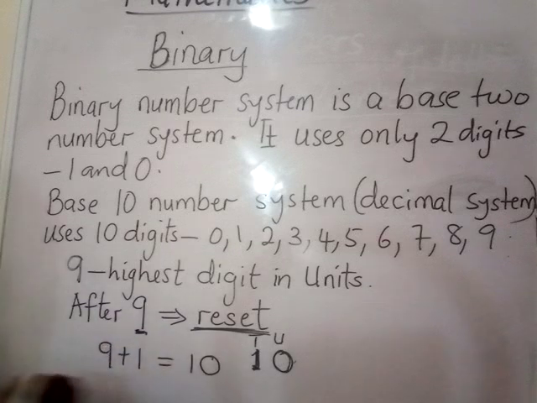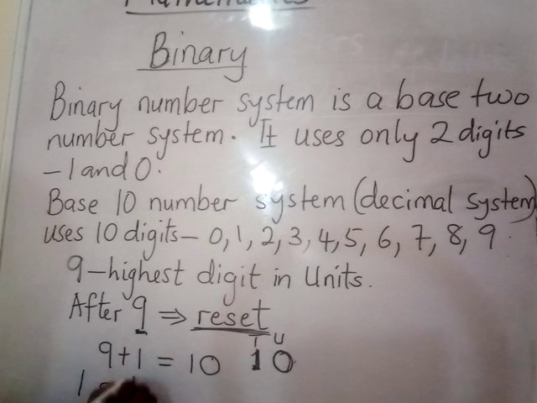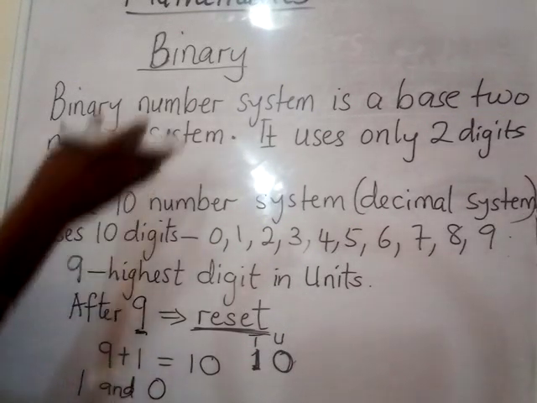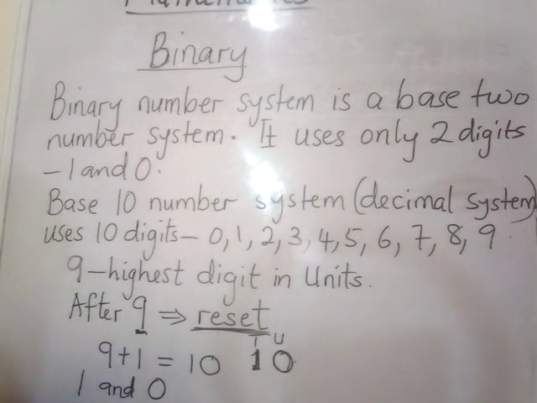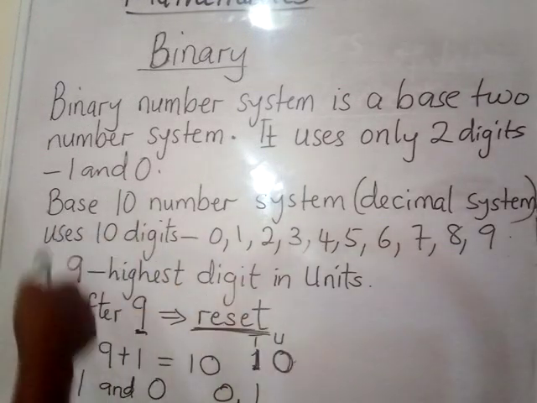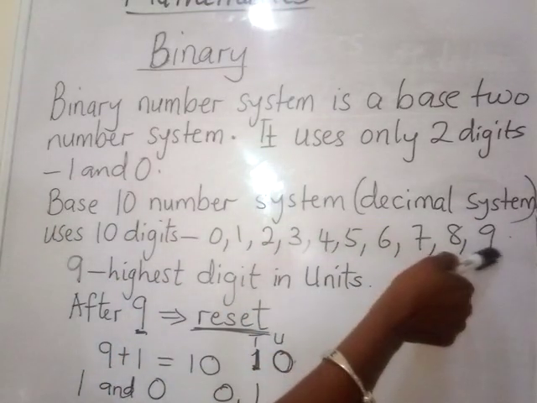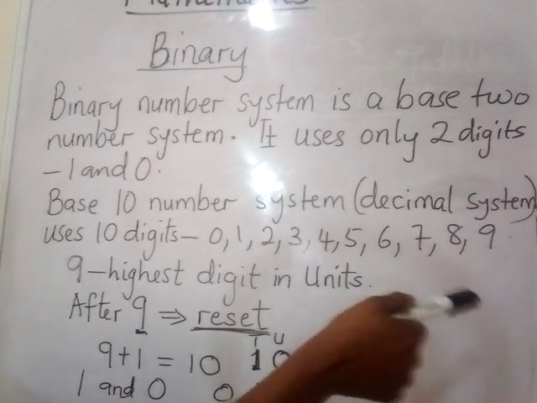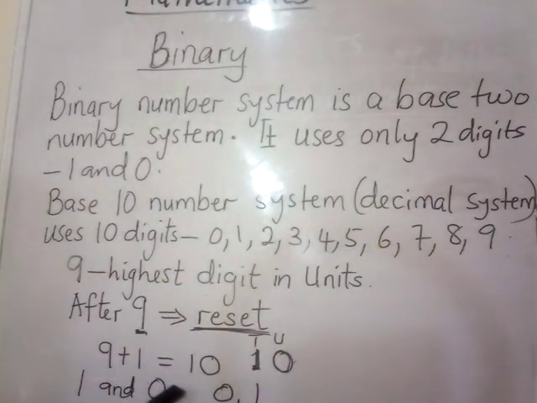Remember, we said the binary system has just 2 numbers it uses, 1 and 0, or 0 and 1, it's the same thing. Just like you have 0 to 9 in the decimal system, in the binary system you have just 0 and 1. Those are the only 2 digits used in this system. I'm taking time to help you understand the transition from 9 to 10, because if you understand that, you'll be able to get how numbers are formed in the binary number system.